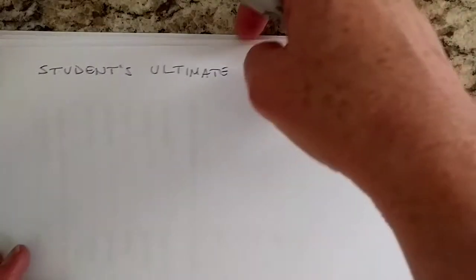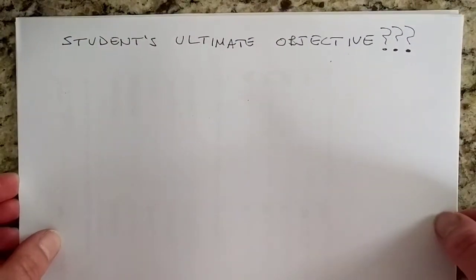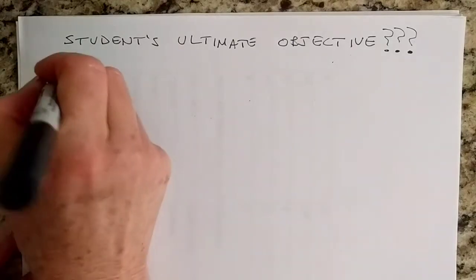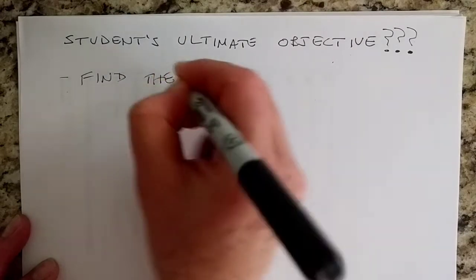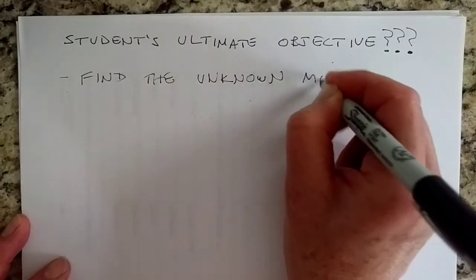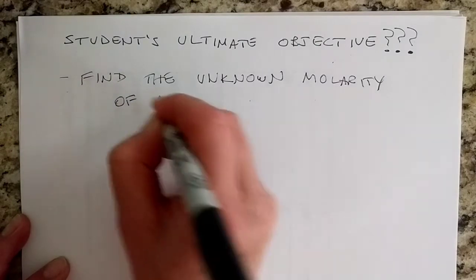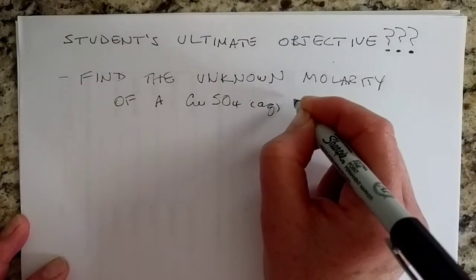Okay, so what is the student's ultimate objective here? Why is the student using that graph? What does the student want to do? So the ultimate objective is that the student wants to find the unknown molarity of a copper sulfate solution.